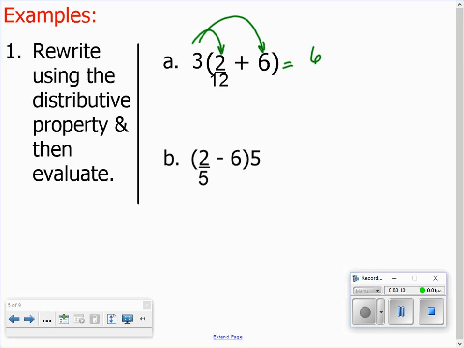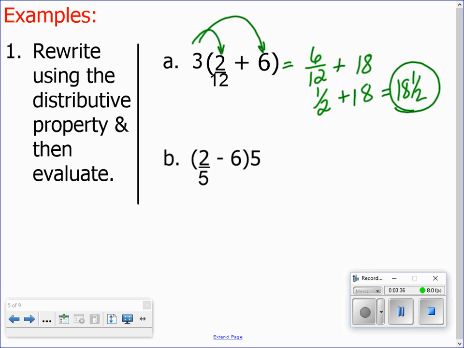So this would be 6 over 12 plus 3 times 6, which is 18. 6 over 12 would be the same thing as 1/2 plus 18. And 1/2 plus 18 equals 18 and a half. So this would be the solution to this one.